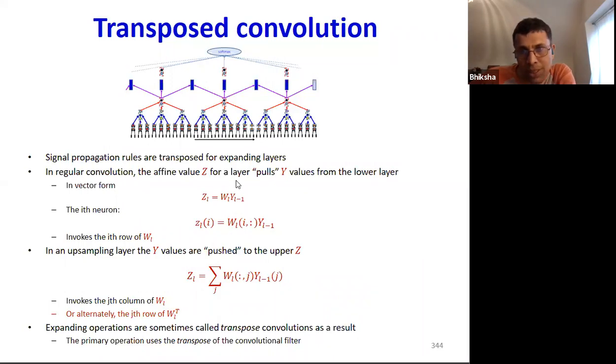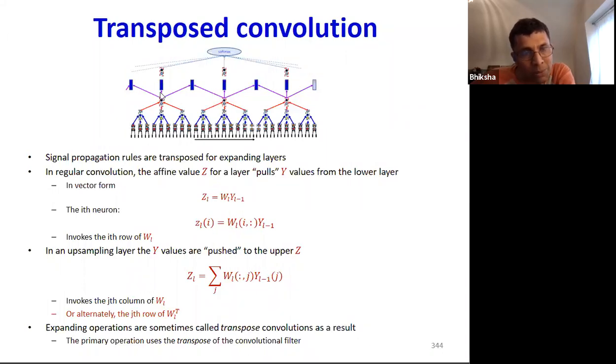If I wrote this in vector form, in regular downsampling layers, you computed the affine value by multiplying the previous layer outputs by the filter. So this one was multiplying the previous layer by the weights matrix to compute its output.